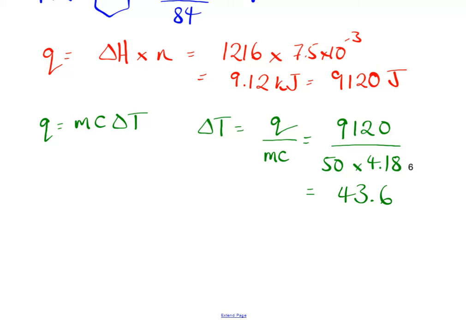Remember, this is exothermic, so our temperature is going up by 43.6 degrees, and the temperature started at 19.1 degrees, and it's going up by 43.6, so our final temperature is 62.7 degrees C.